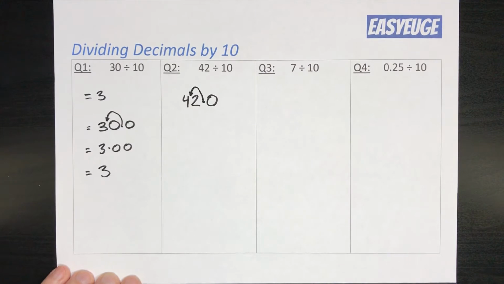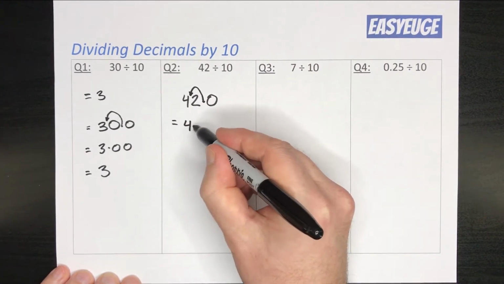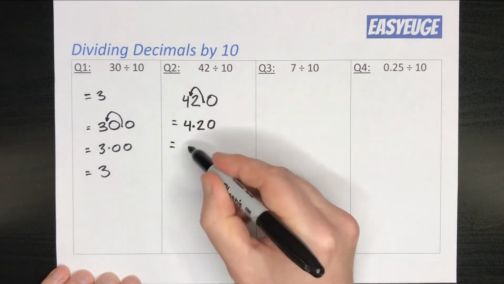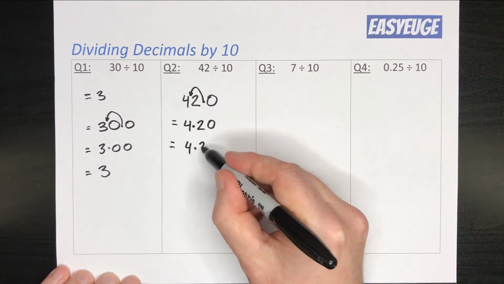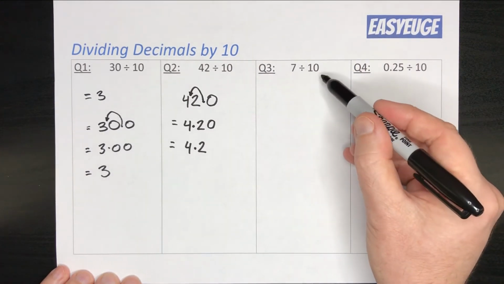So this becomes 4.20, which is the same as writing 4.2, because that 0 has 0 hundredths of a value, and that's the same as 0.